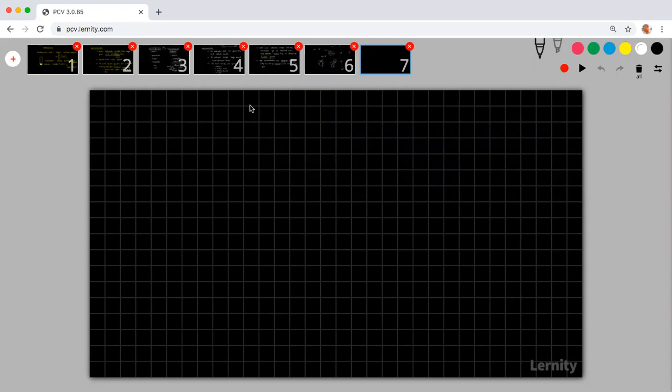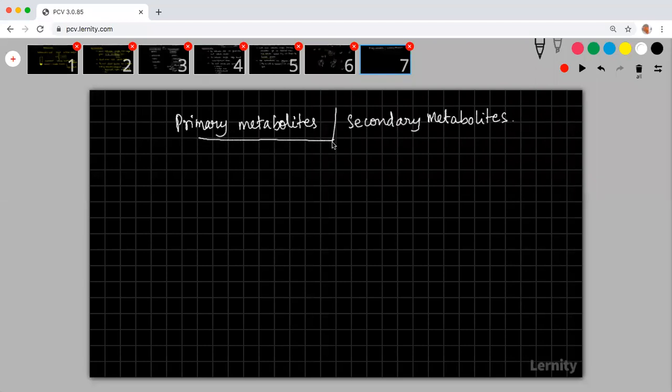Okay, moving on further, we need to talk about primary metabolites and secondary metabolites. Okay, what is the meaning of metabolite?